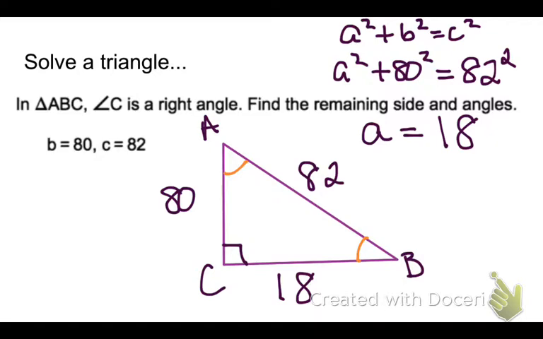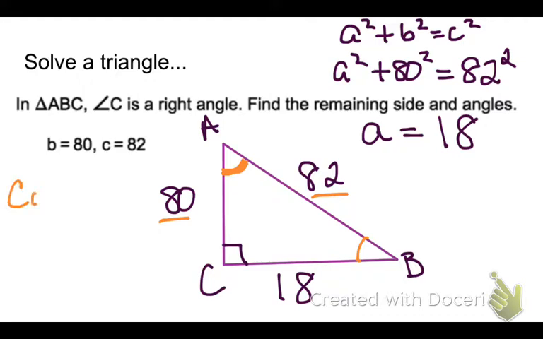Typically, we would not want to use a rounded value. We would want to use values that were given to us. So to solve for angle A, I want to use 80 and 82. In relation to angle A, 80 is the adjacent side and 82 is the hypotenuse.